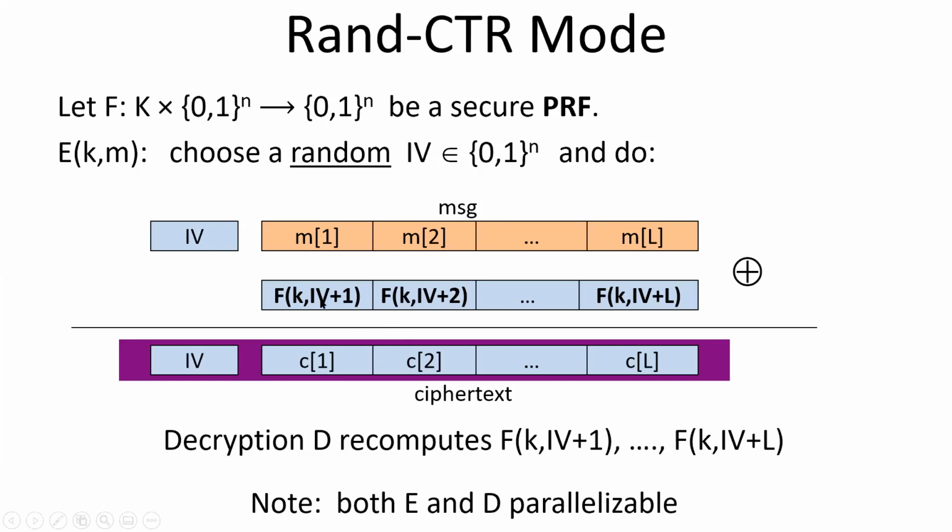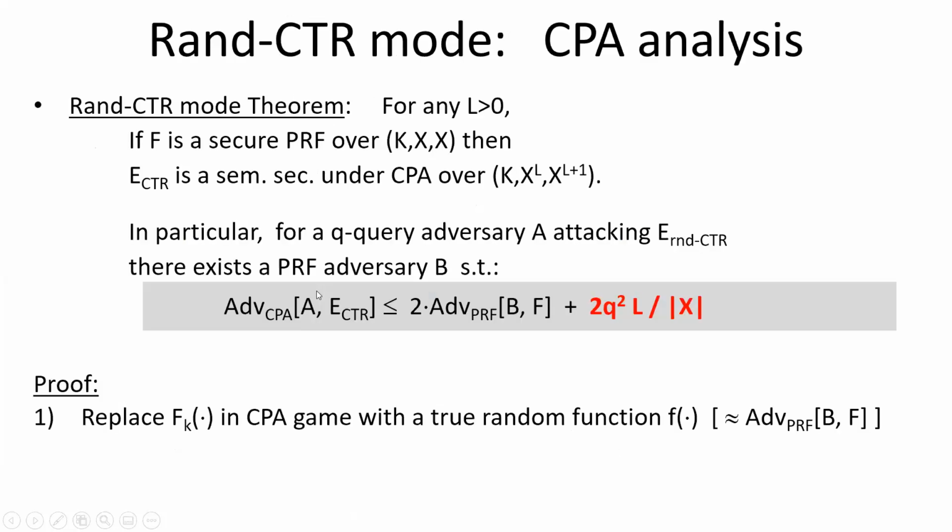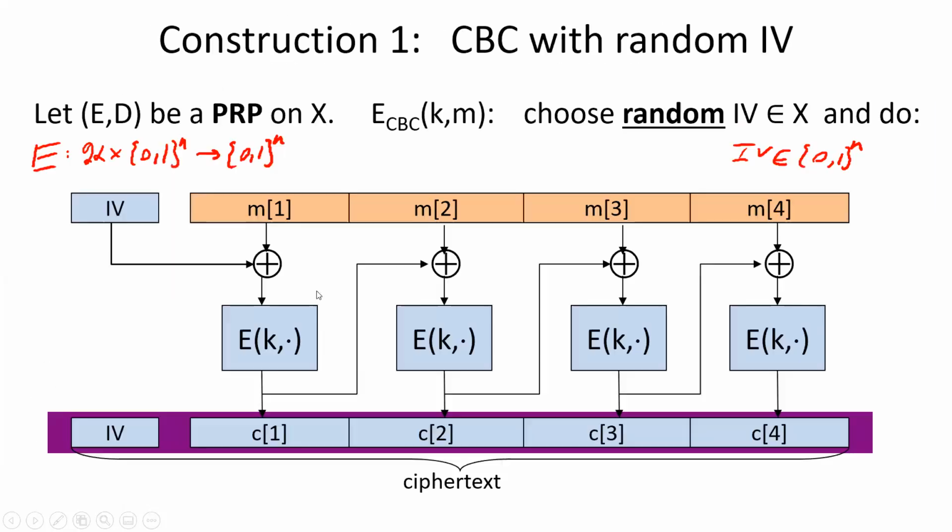The starting point was uniform, but the next L of them are just the starting point incremented by constants, 1, 2, 3, 4, etc. So the advantage of the randomized counter mode comes at the cost of the assumptions about the cipher: in the CBC case they could be weakened, and they cannot be weakened for randomized counter mode.